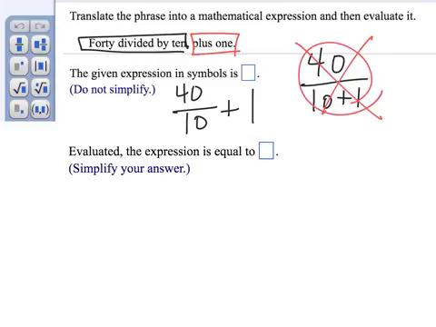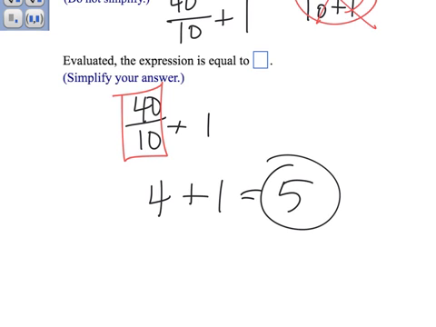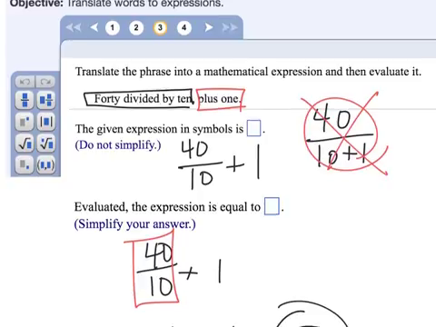And so the first thing you're going to do is the division. 40 divided by 10 is 4. And then we have plus 1, which is 5. So our answer is 5.